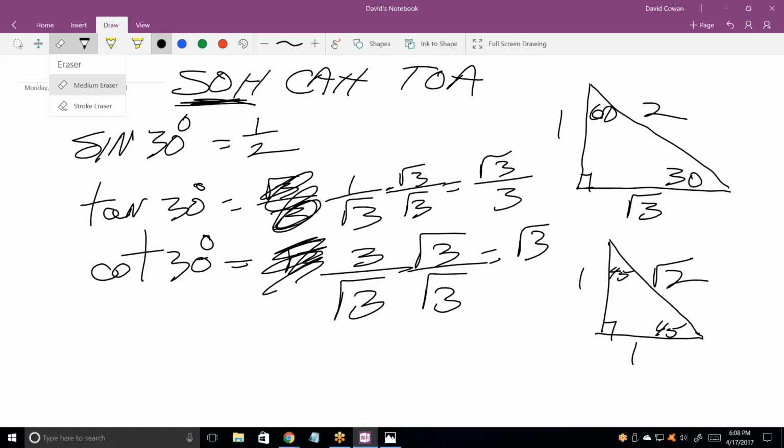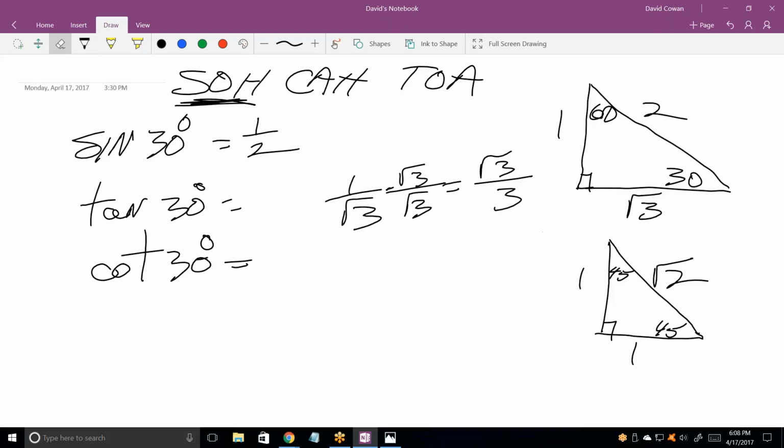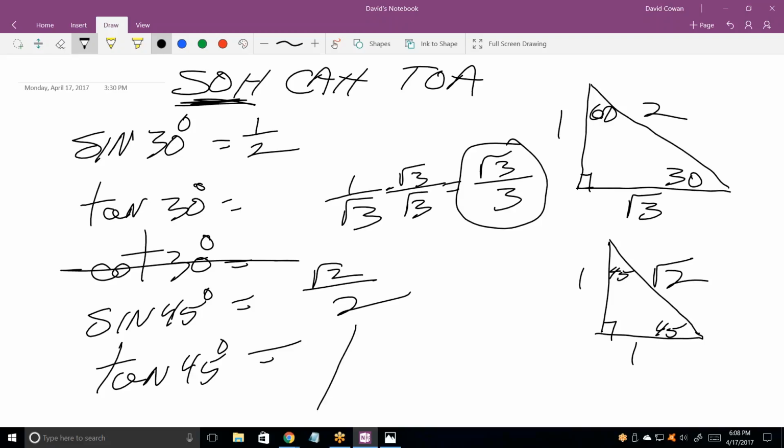But when you rationalize, sometimes it makes it harder to figure out what the reciprocal function is. But that's okay. I'll go with whatever your teacher wants. If he wants you to rationalize everything, then rationalize everything. What is the sine of 45? Root 2 over 2. What's the tangent of 45? 1. Perfect. So you know all your first quadrant angles.